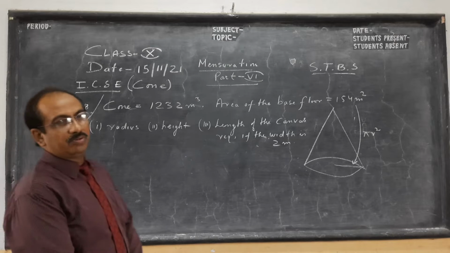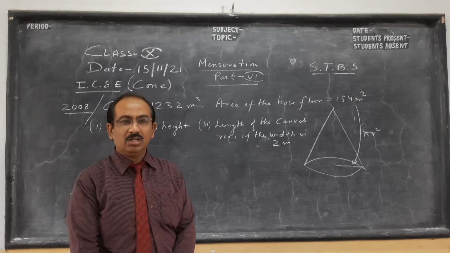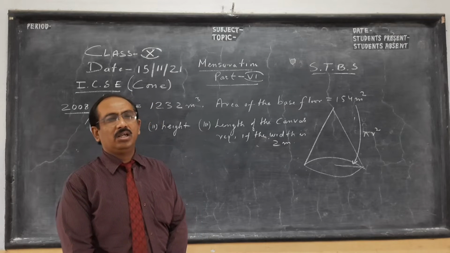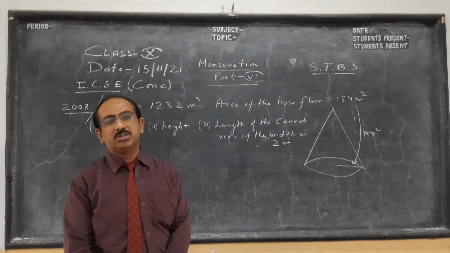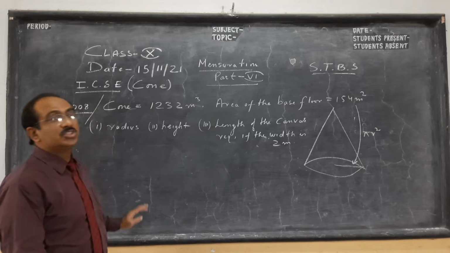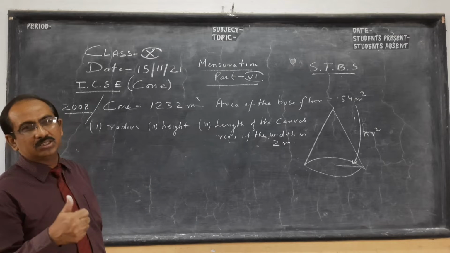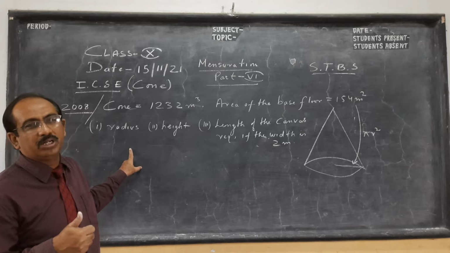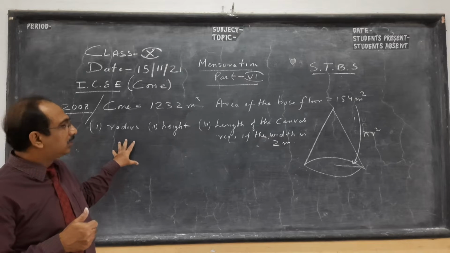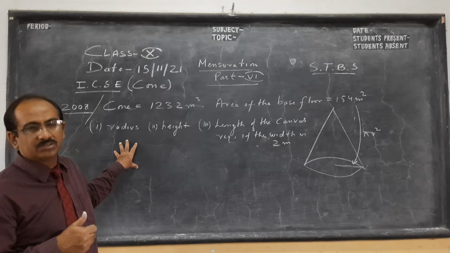If you see previous year ICSE questions, 80 to 90% of the questions come from sphere. So we have cone, cylinder and sphere. Other than sphere, if you see independent questions, we have cones. Cylinder I'll try to see in my next video.